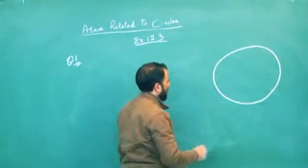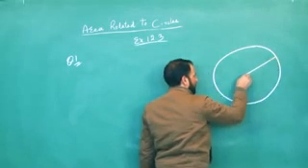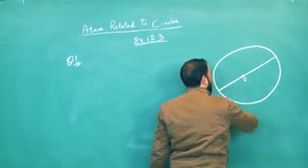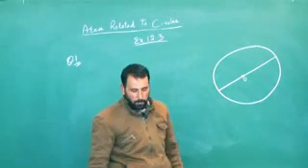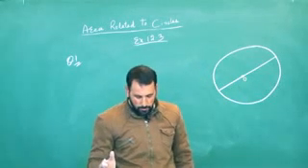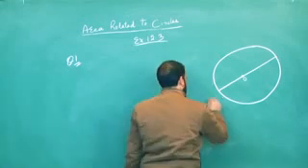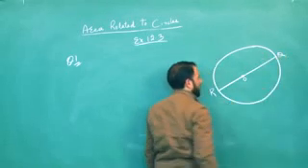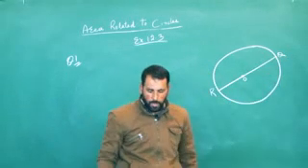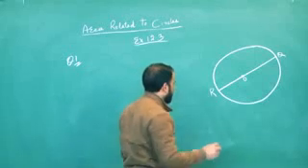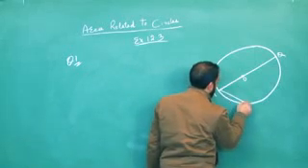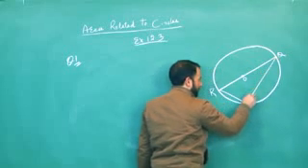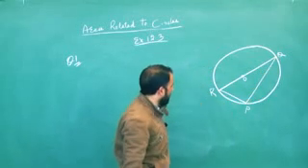This one is a line which passes through the center. Clearly, this line segment is known as the diameter of the circle. It is given in the question that RQ is the diameter of the circle. And here is another point, P. This is QR.